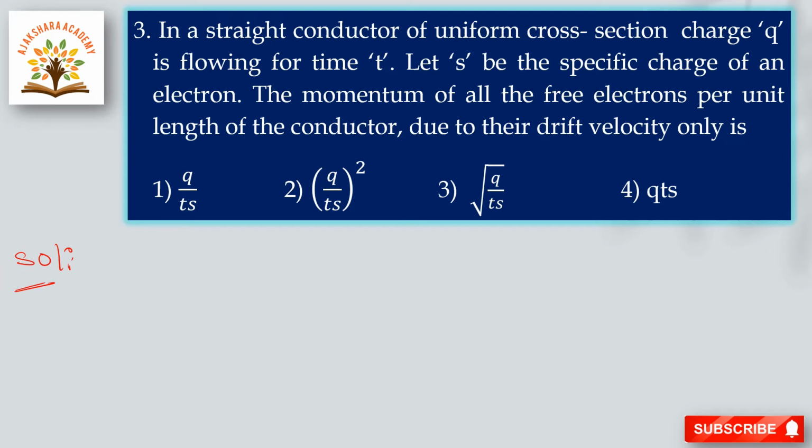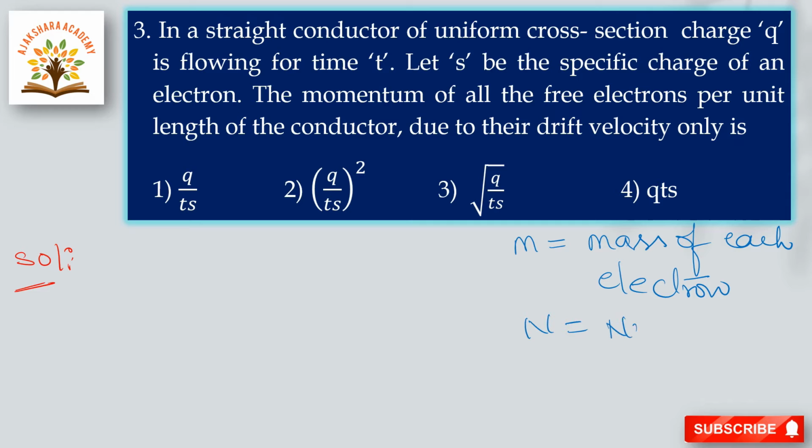m is nothing but the mass of each electron, n is nothing but the number of electrons. Here m is equal to the mass of each electron, and n is equal to the number of electrons.